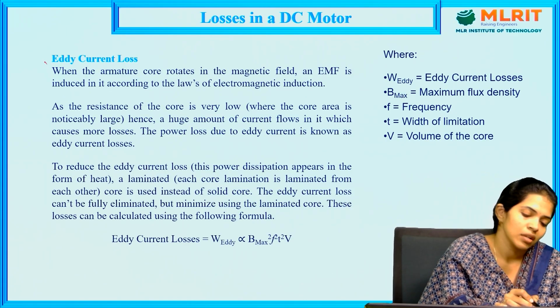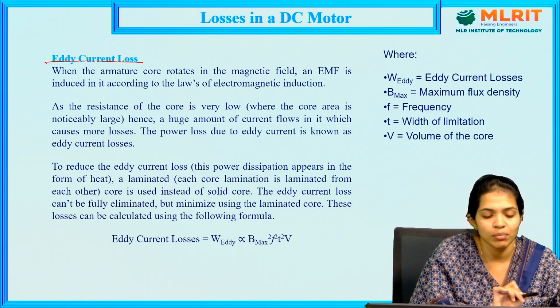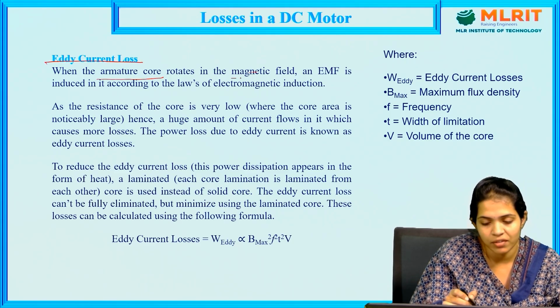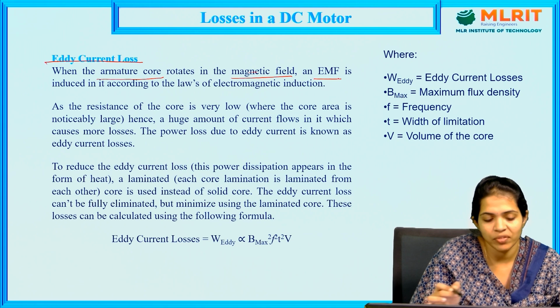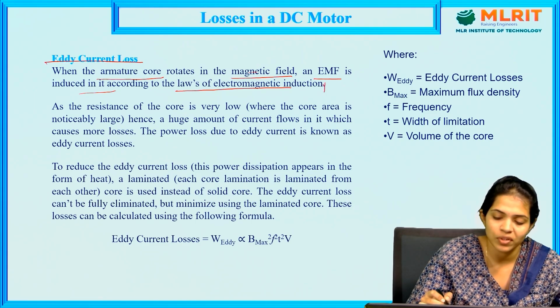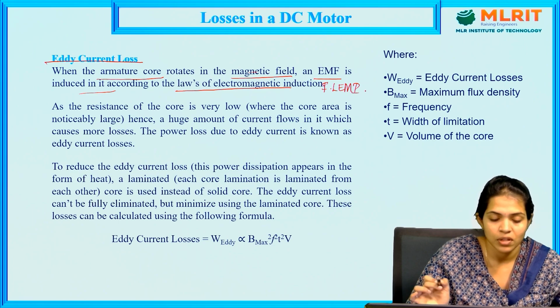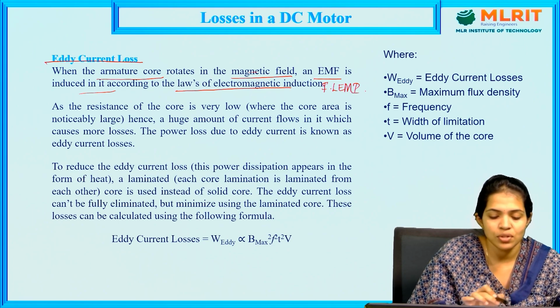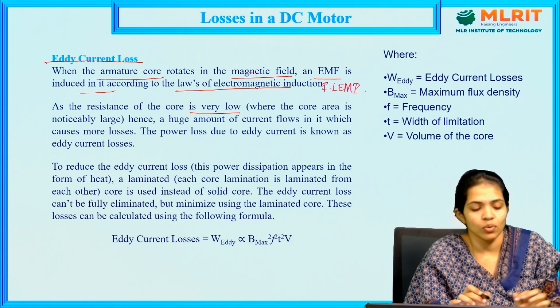The next magnetic loss is the eddy current loss. When the armature core rotates in the magnetic field, an EMF is induced in the armature core according to Faraday's laws of electromagnetic induction. This process occurs in any DC machine, as the resistance of the core is low.